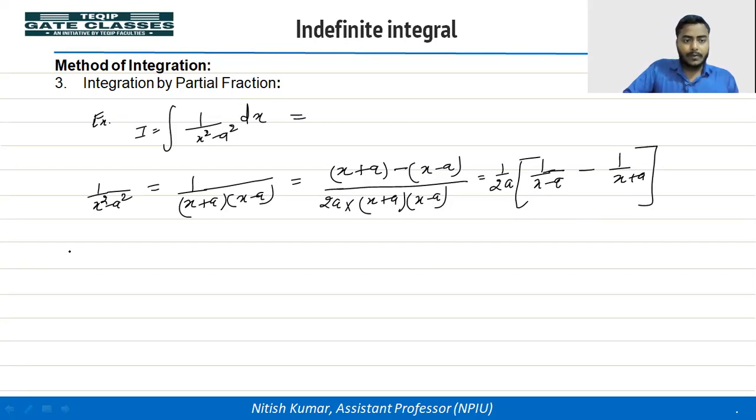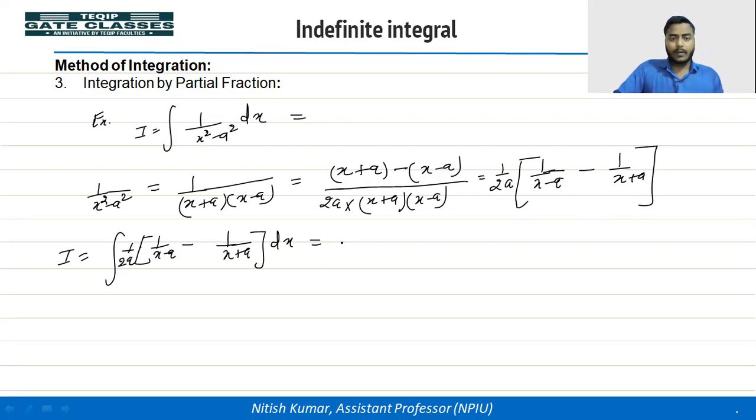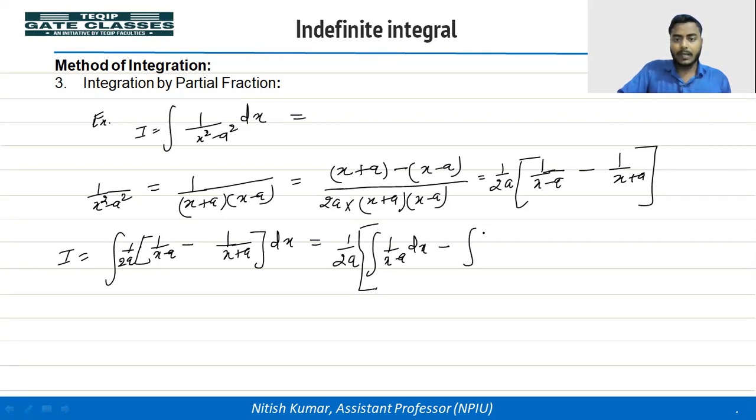Now we can write I equal to 1 divided by 2a, integration of 1 by x minus a minus 1 by x plus a with respect to x. We can apply the properties of integration: integration of 1 by x minus a with respect to x minus integration of 1 divided by x plus a with respect to x.